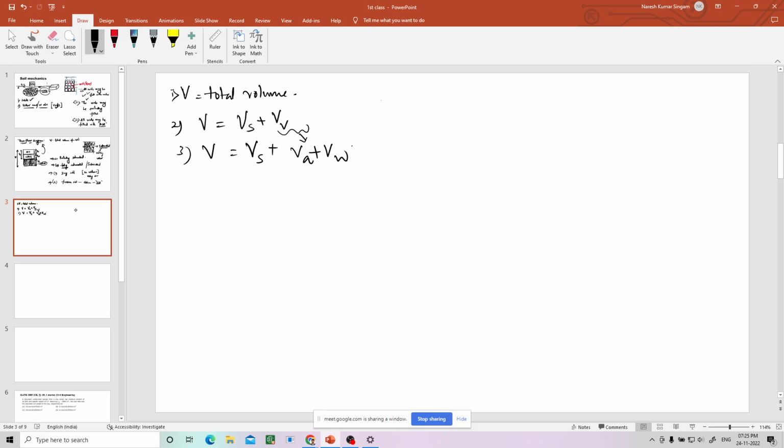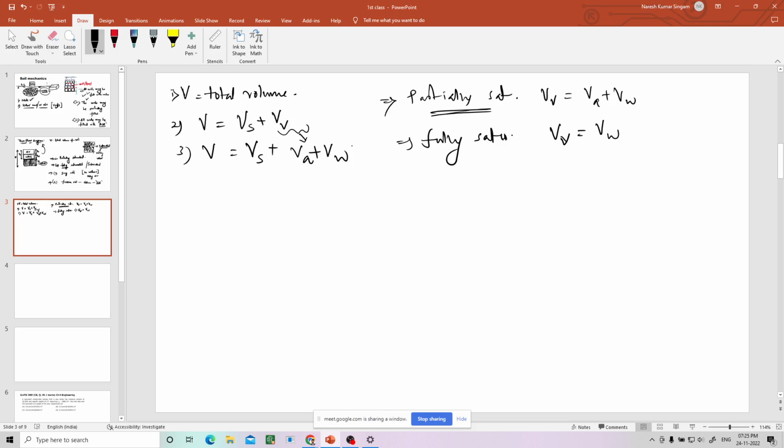In the partially saturated case, volume of voids is nothing but volume of air plus volume of water. What about fully saturated? Volume of voids is nothing but volume of water, because there is no air in it.